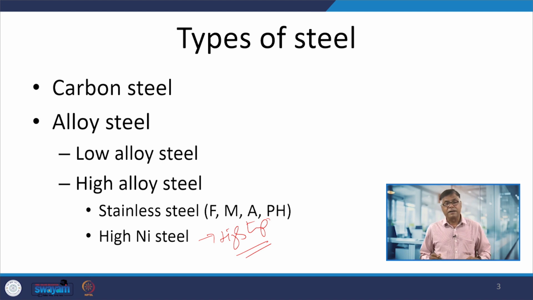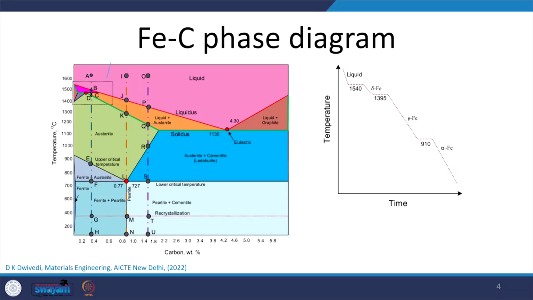So, let us see how, with the variation in carbon content and as a function of temperature, the different phases are formed, and that is what we can easily study with the help of the phase diagram. Let us see the diagram on the right side.